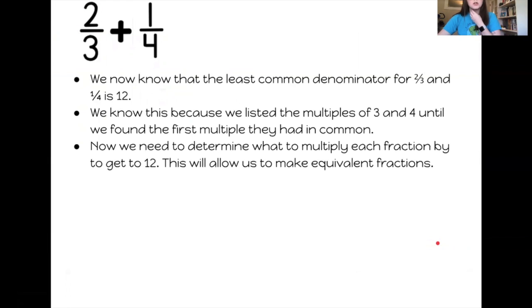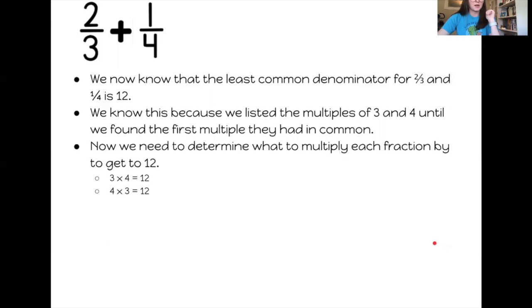Now we need to determine what to multiply each fraction by to get a denominator of 12. This will allow us to make equivalent fractions, which is what we practiced not last week, but the week before. So 3 times 4 equals 12, and 4 times 3 equals 12. Now I know what I need to multiply both of my fractions by.